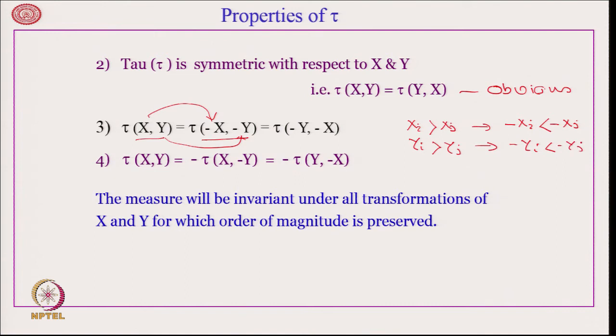Therefore, when we are taking the product, whenever this was positive, then (−x_i + x_j) multiplied by (−y_i + y_j) will also be positive.